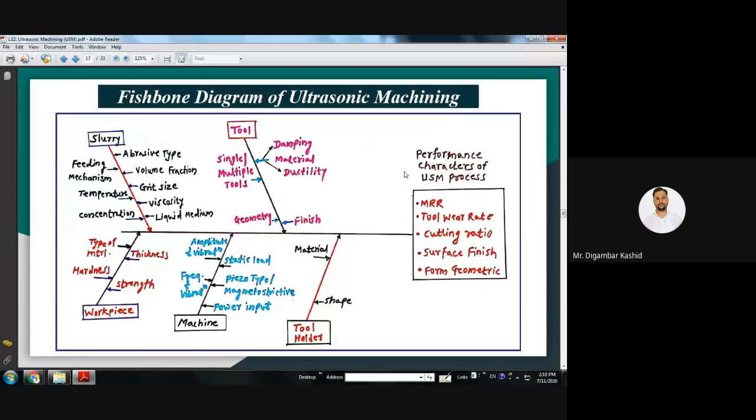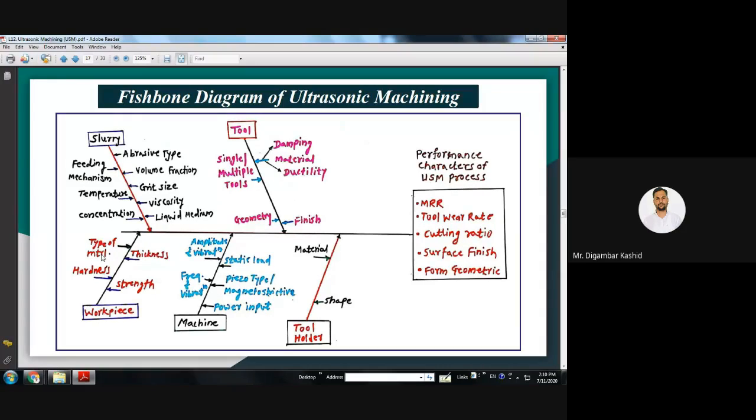Now let us discuss the workpiece properties. In that, what is the type of the workpiece material? That also affects the selection of the process parameters. Then, what is the hardness of the workpiece material?